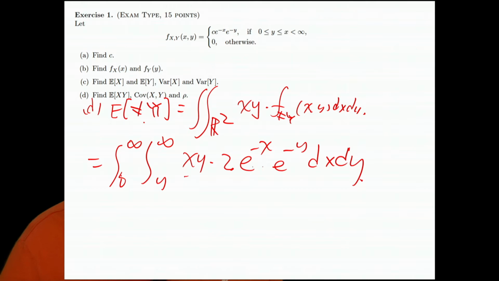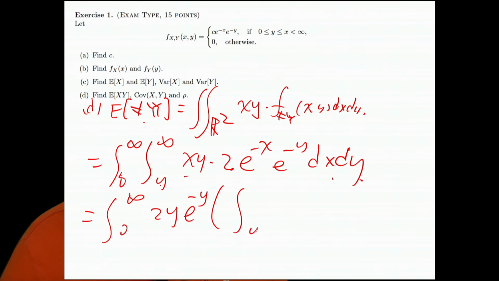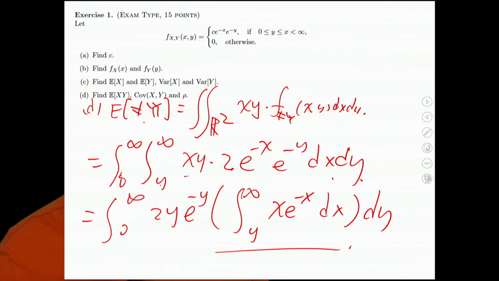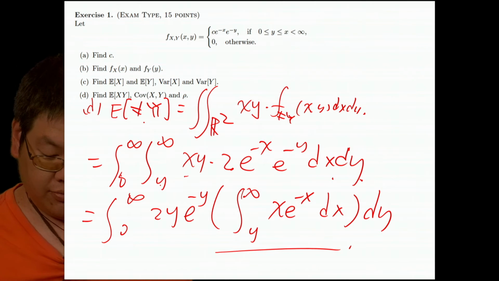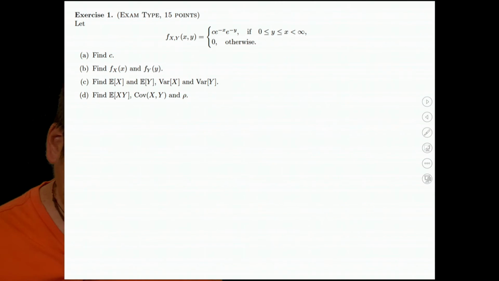So you can integrate x first and then y. That means I put something outside for y only and take the integration for x. So here you can do the integration by parts, because now it's from y to infinity, not 0 to infinity. So this is not the exponential random variable.